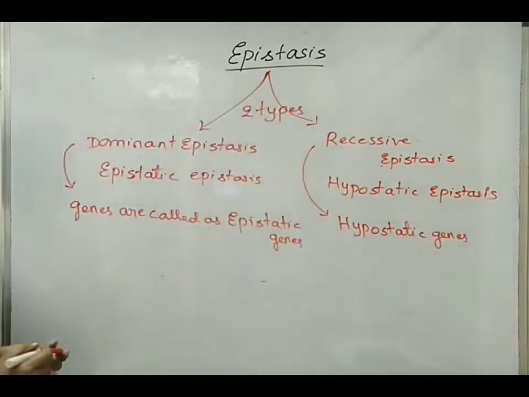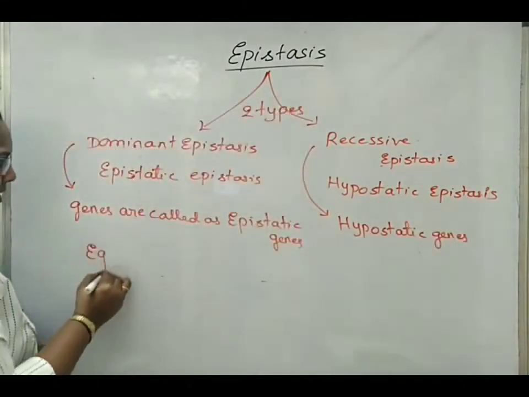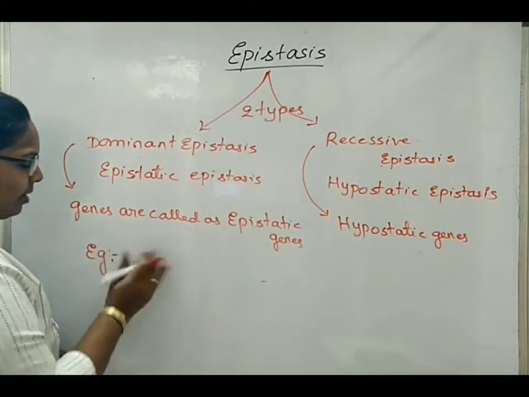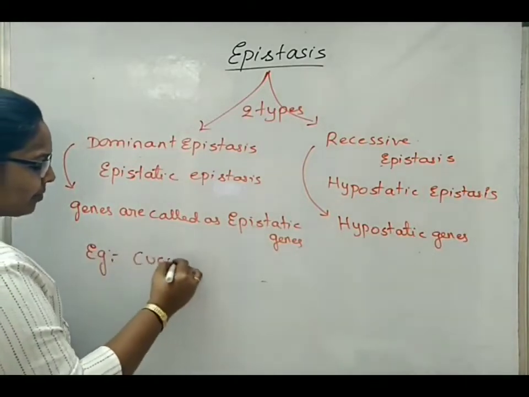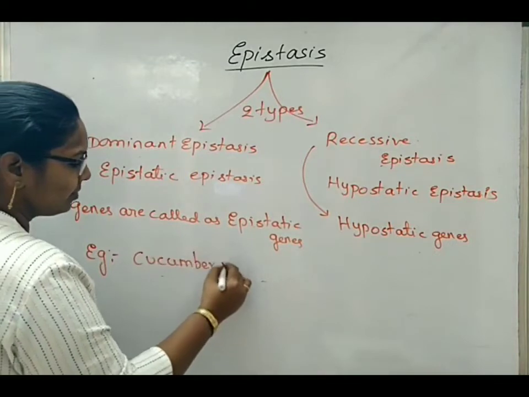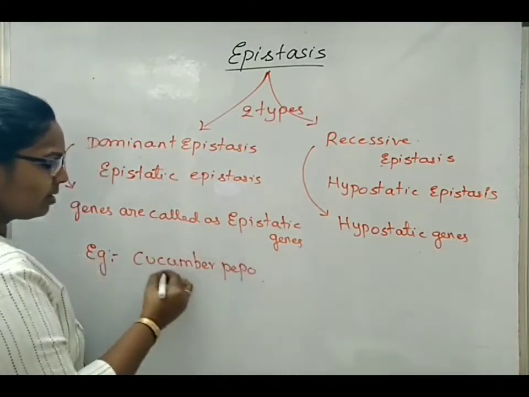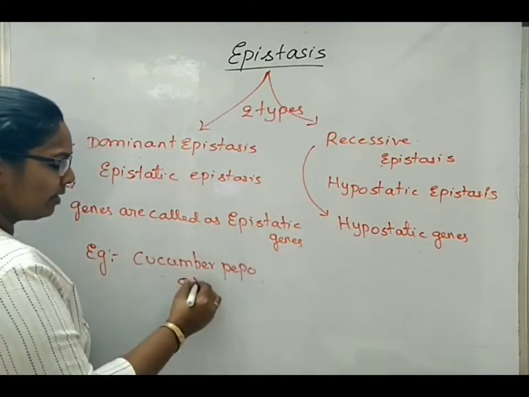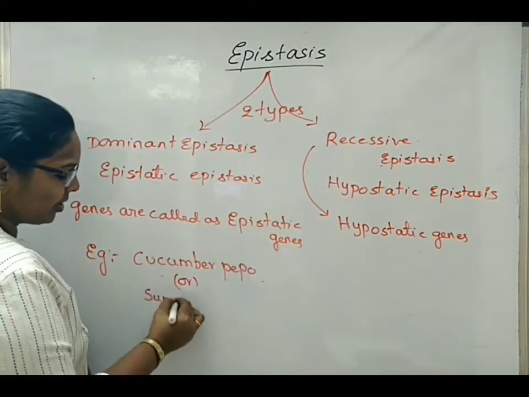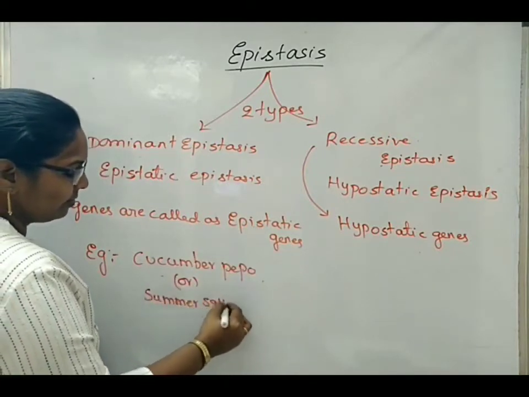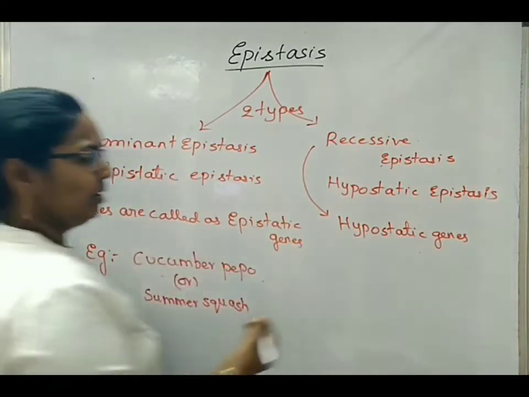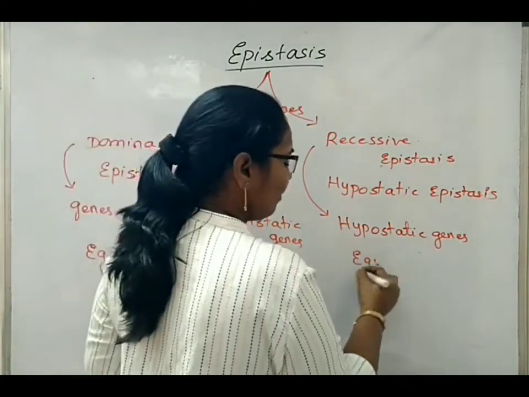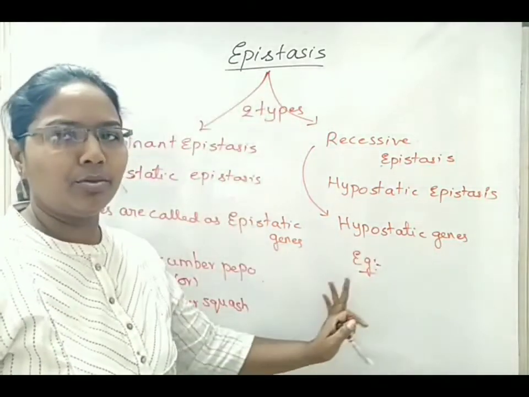Here I gave you an example: Cucurbita pepo, that is the botanical name. It is commonly called summer squash. Now, this example we don't have in our syllabus. Still, let's know the difference.